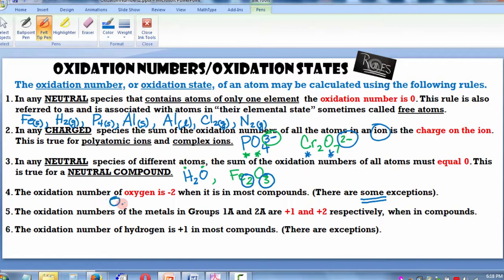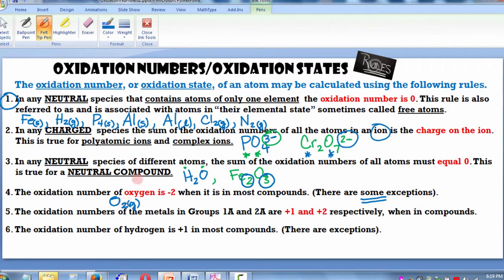That does not mean that O2 has an oxidation state of minus 2. O2 has an oxidation state of 0, going by the first rule. O2 gas would have an oxidation state of 0.